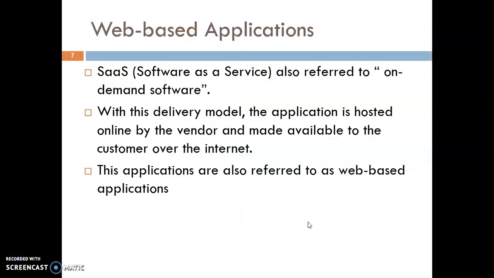Okay, next, web-based applications, or SaaS, which we call software as a service, also referred to as on-demand software. A web application is a computer program that utilizes a web browser and web technology to perform tasks over the internet. So, what is the difference between a website and a web application?